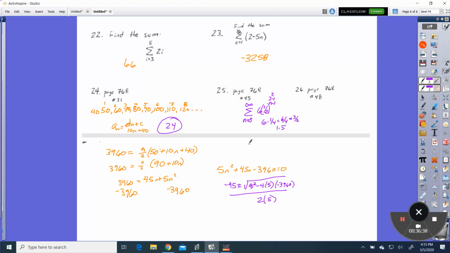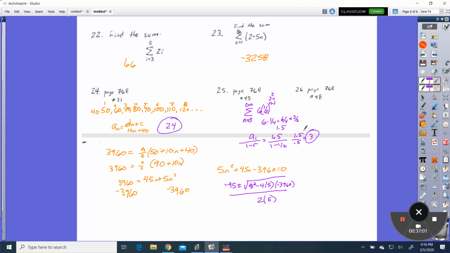So now that I know it's an infinite one, I know that the formula is a1 over 1 minus r. So a1 is 1.5 over 1 minus 1/2. I have 1.5 divided by 0.5, which makes 3.